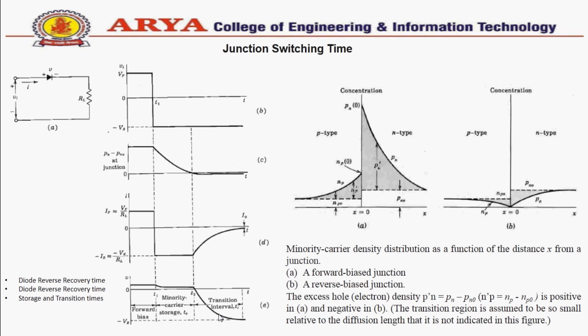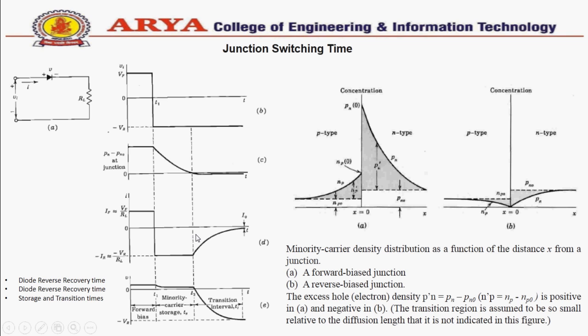As for its importance, the manufacturer normally specifies the reverse recovery time of a diode, that is TRR, and it is typically specified under operating conditions in terms of the current waveform as shown in figure D. The time TRR is the interval from the current reversal at t equal to t1 until the diode has recovered to a specified extent in terms either of the diode current or the diode resistance.